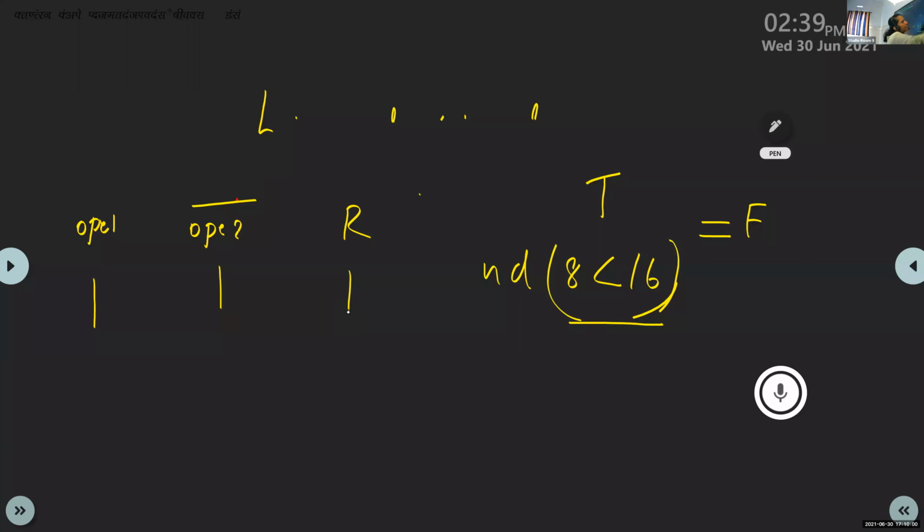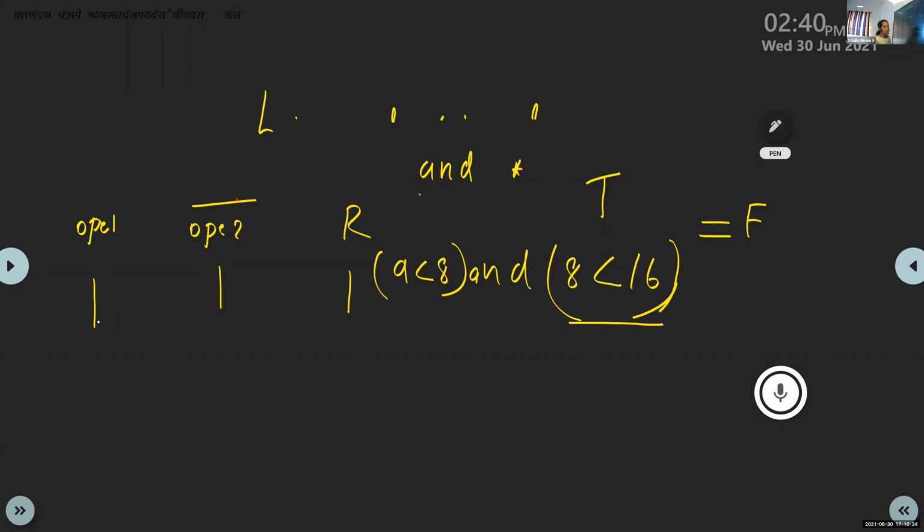I want to see your face. When you think about AND, you just think about multiplication. So if the first operand is true and the second operand is true, then the result is also true because 1 into 1 is 1.